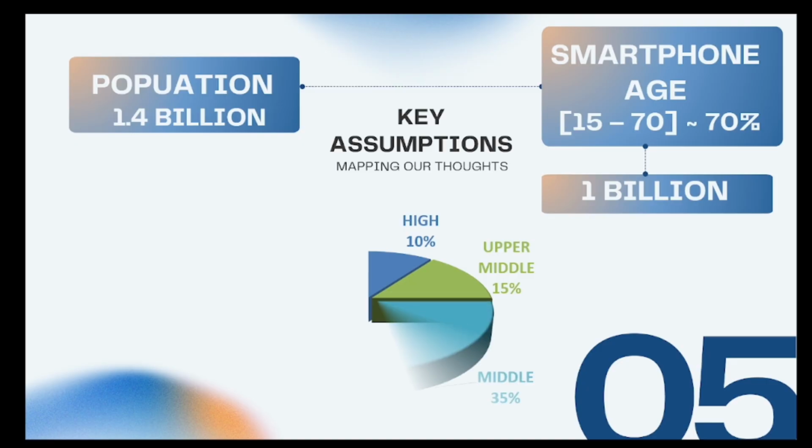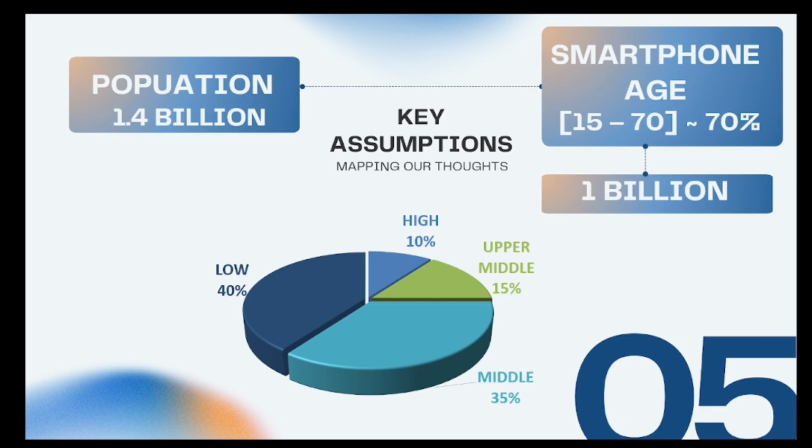Next category is middle income at 35%, representing 350 million people. These are the backbone of India's consumer market. And low income, the remaining 40% or 400 million people, with limited smartphone penetration here. This income segmentation is key because it directly drives both ownership and replacement patterns.